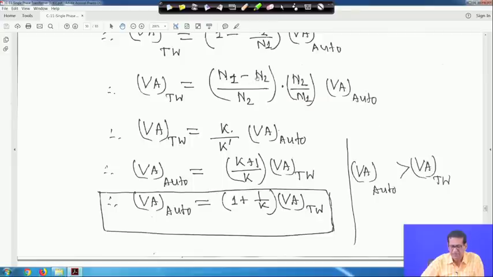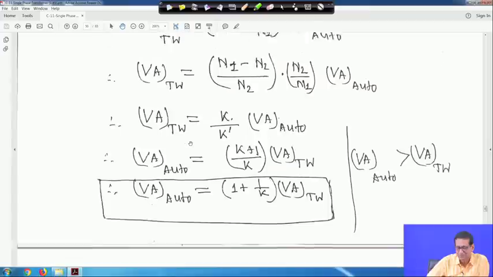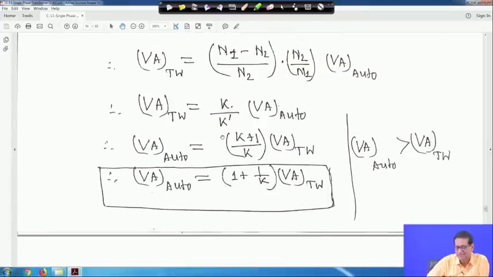Therefore, (N1 minus N2) upon N2 into N2 upon N1 is nothing but K upon K dash, VA auto. This portion please do it, all these relationships are given, that K dash is equal to K plus 1. So, there you use all these relationships. So, you will get VA two winding transformer is equal to K by K dash, VA auto, right. So, this is your K, and K dash is already given as N1 upon N2.